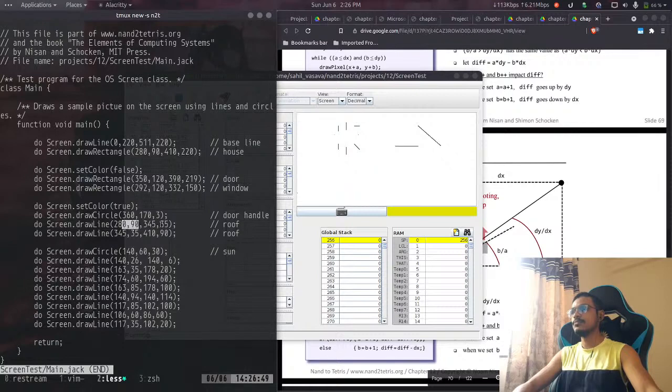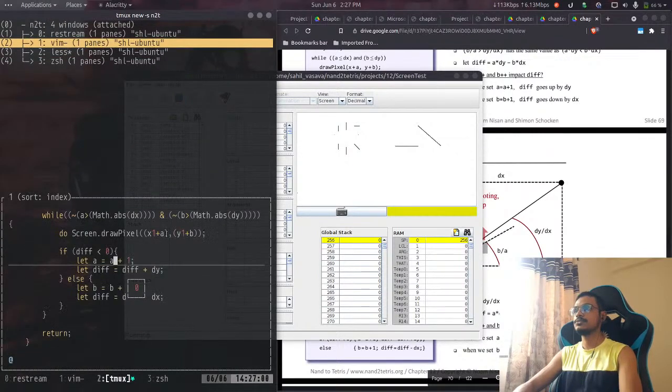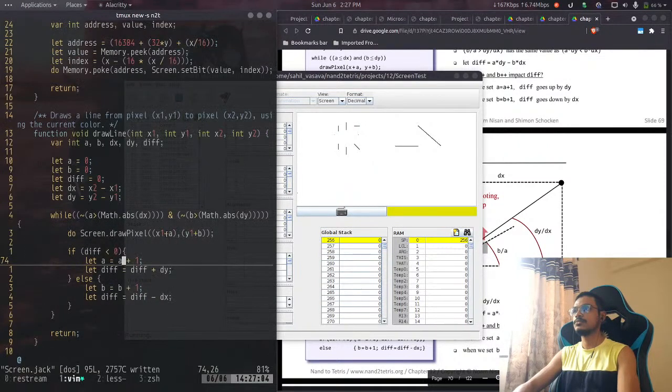This is y1 and this is y2. In that case y1 is greater than y2, so this will be negative, but now that we are getting the absolute value, it will go inside this loop. Oh, so this line must be the result of that roof part.